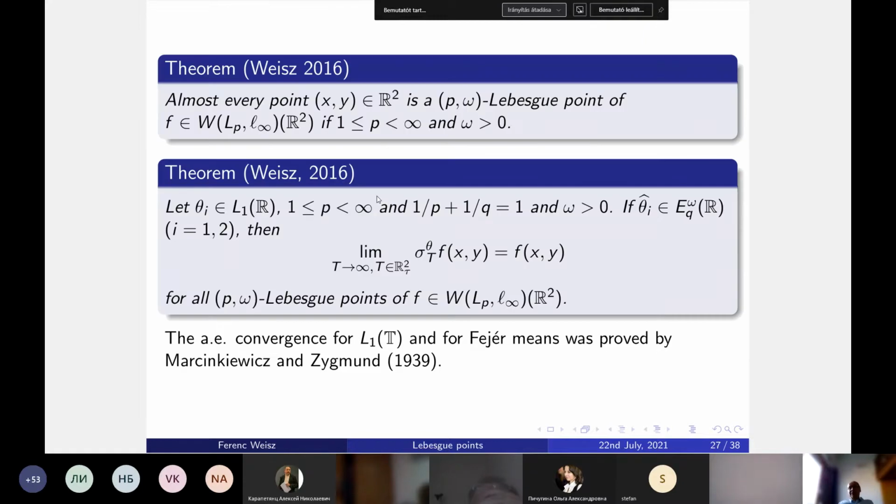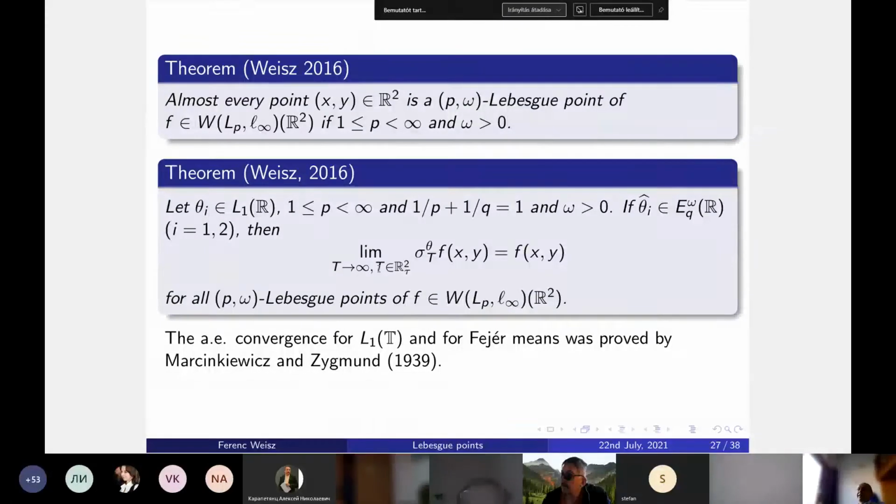And we have the same results. Almost every point is a p-omega Lebesgue point if f is in the Wiener amalgam space W(L_p, l_infinity), p is greater than or equal to 1, and omega is always a positive number. If theta is an integrable function, p is greater than or equal to 1, q is again the dual index, and omega is greater than 0, and the Fourier transforms of theta are in the weighted Hardy spaces, then the theta means converge to f for all p-omega Lebesgue points. f is again in the space W(L_p, l_infinity).